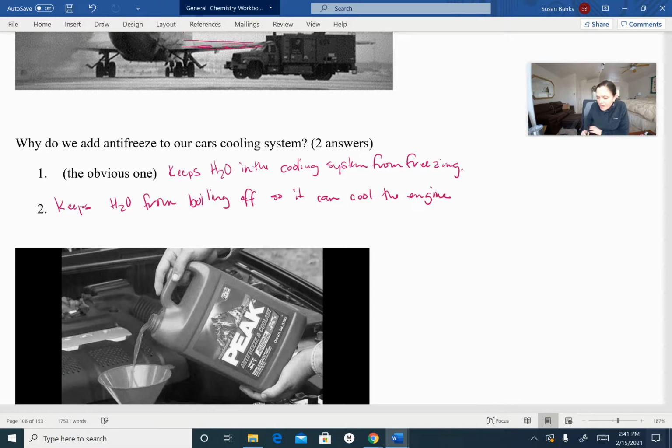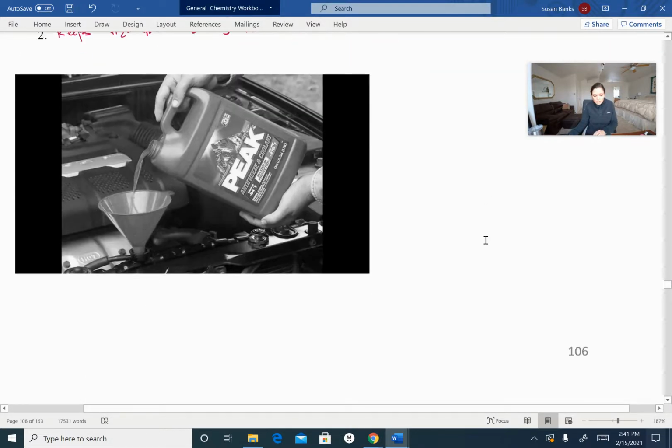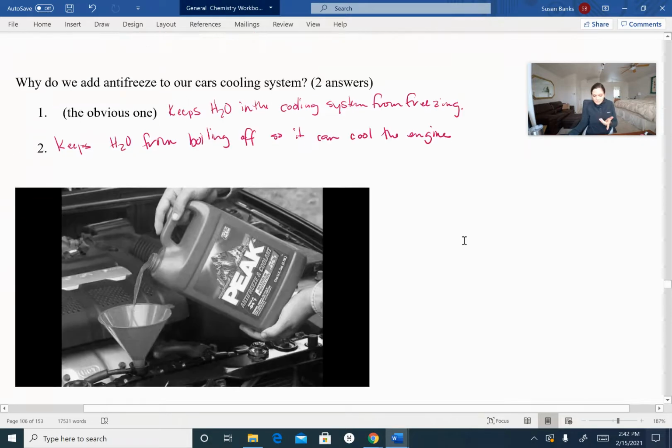On a really hot summer day or when your engine's working really hard, you don't want that water to boil off. You want to keep it there so that you can keep that engine cool. If that engine overheats and you burn the engine, very good chance you're going to have to start over and get a new engine again as well. So that's also a really dangerous thing. So both of those things are why we use antifreeze.